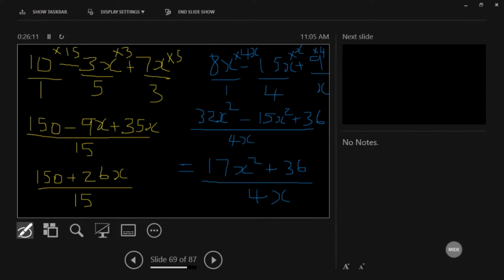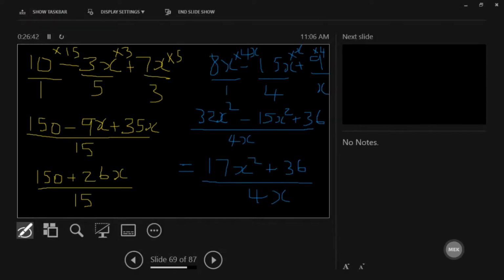So we find the LCM, use the denominators, find the LCM, divide each denominator into the LCM, and when you get the answer, multiply that answer by the corresponding numerator. So whichever denominator you use to divide into the LCM, multiply the answer by that numerator above it.